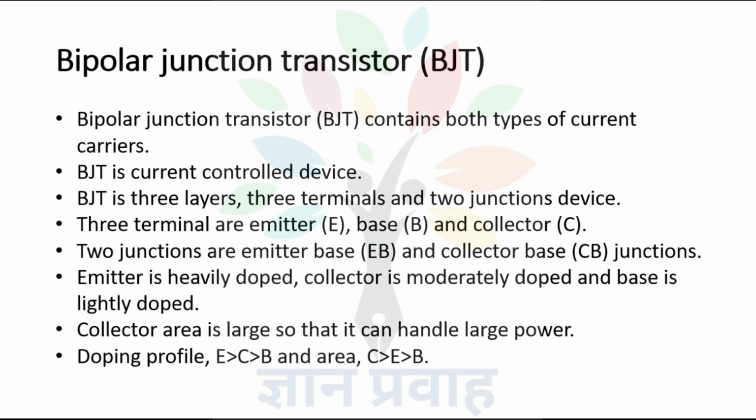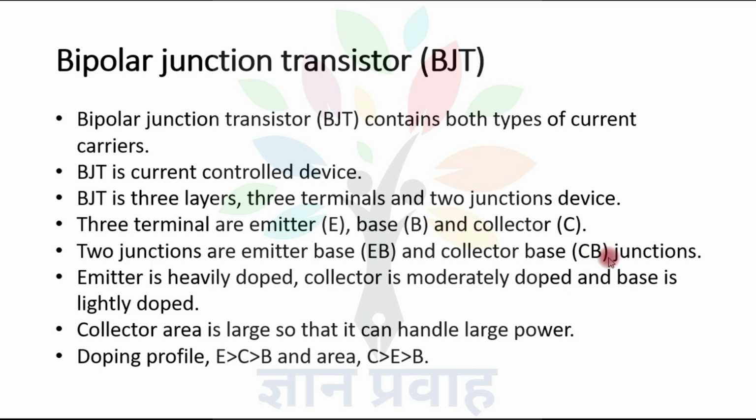While in case of PNP transistors, the three layers are P-type, N-type and P-type materials. The three terminals in case of BJT are emitter represented by E, base represented by B and collector represented by C. With three layers it has two junctions, found between the emitter base and collector base. We simply call these the EB junction and CB junction. EB is the emitter base junction and CB is the collector base junction.